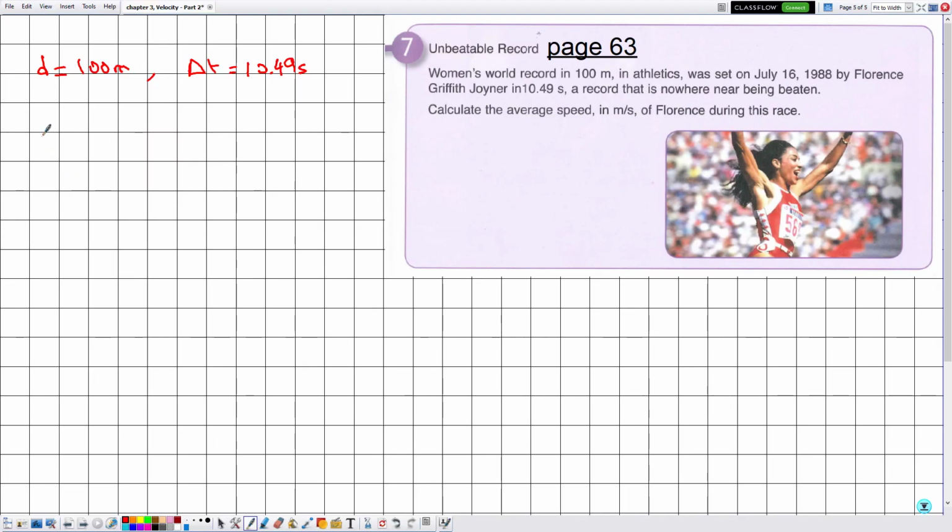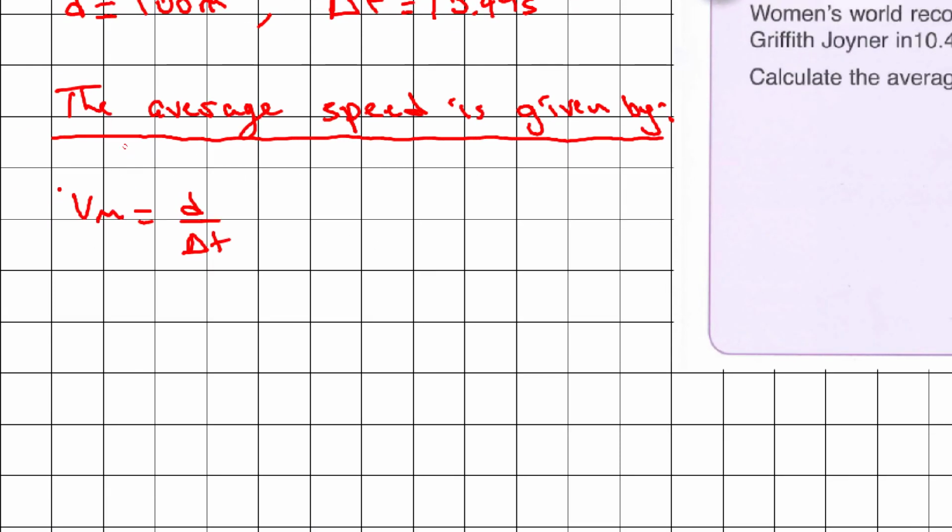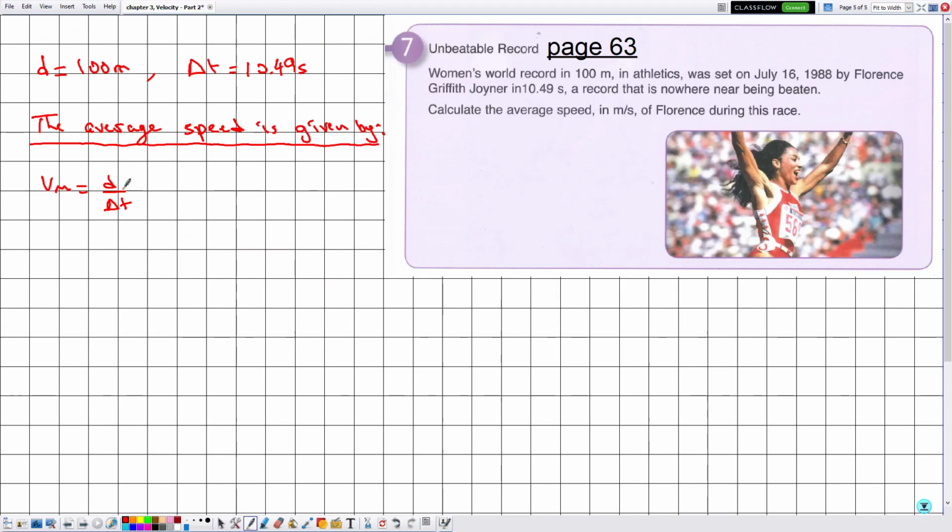Okay, so let's start by writing the average speed. In physics we always start by writing the formula, which is given by Vm is equal to d divided by delta t. Notice that in this case no need to construct a triangle because this is the quantity that we want to calculate.